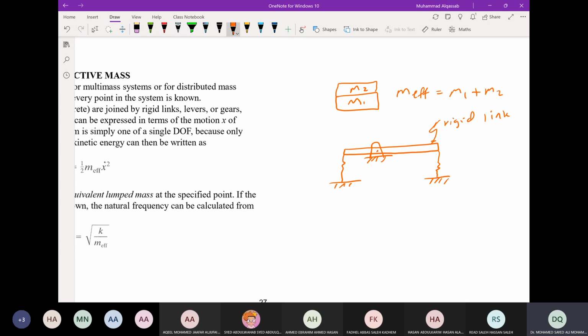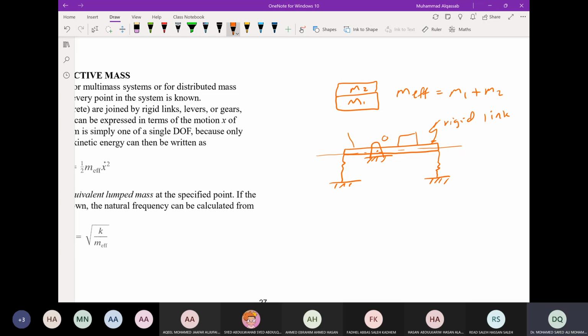What is the number of coordinates here for a rigid link rotating about point O? This is called a single degree of freedom because there is only one coordinate required, which is theta. But if you place a mass, let's say we put a mass here.